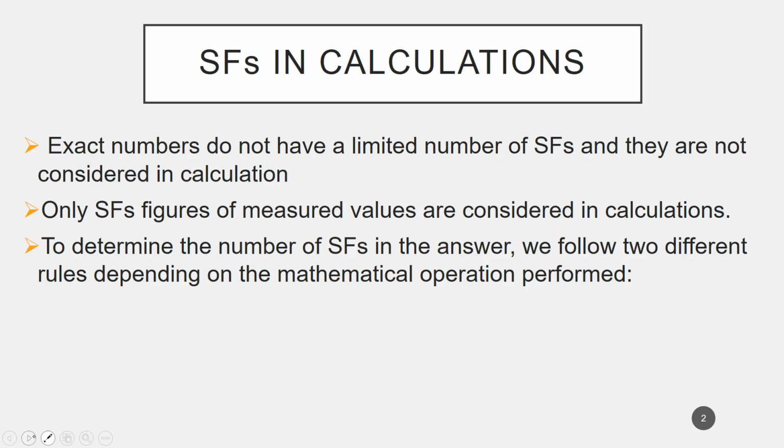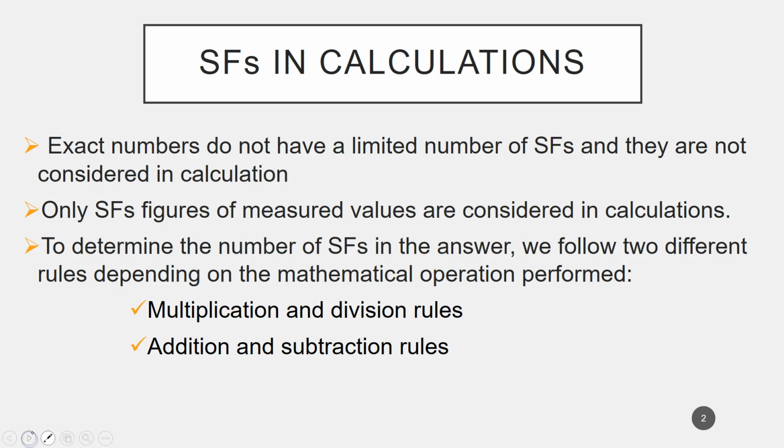To determine the number of significant figures in the answer, we follow two different rules depending on the mathematical operation we are performing. There are rules for multiplication and division, and there are rules for addition and subtraction. Depending on which operation we're doing, we have to follow one or the other.